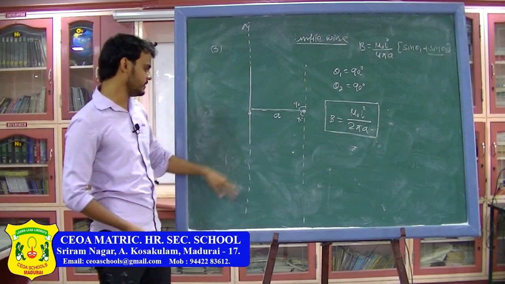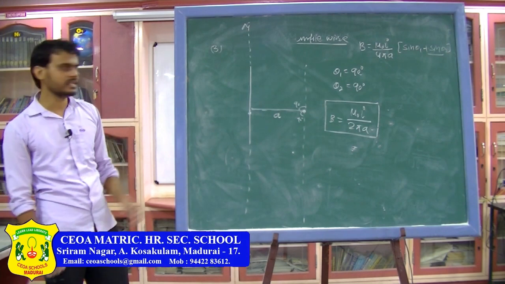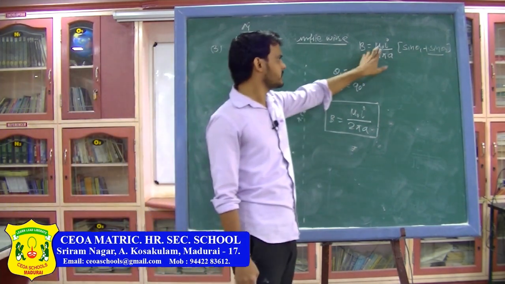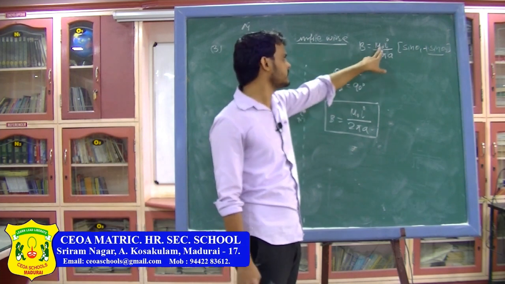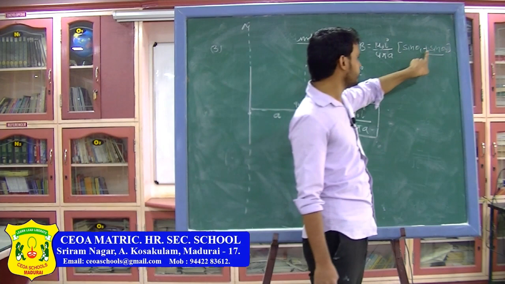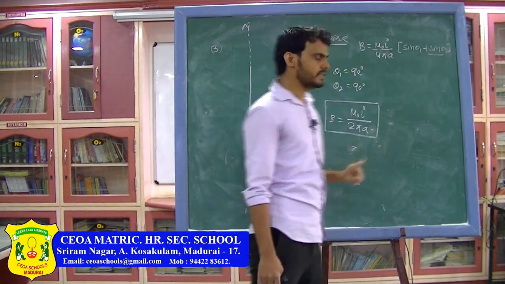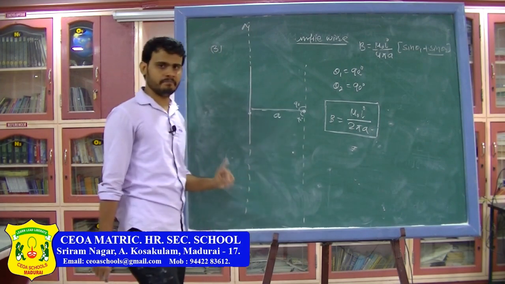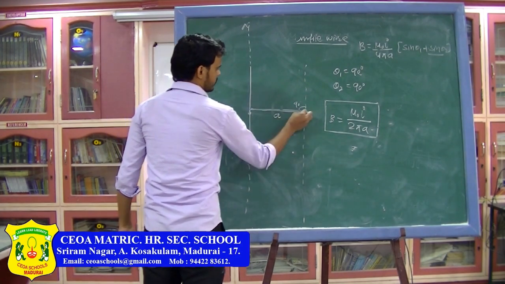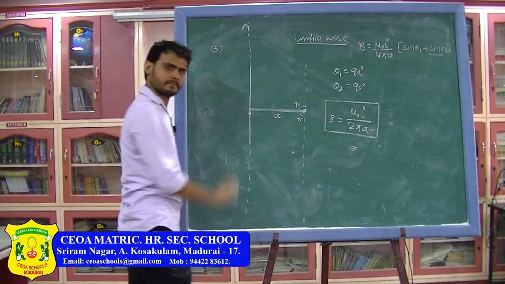So in this topic we have to remember 5 formulas. Basically all the other 4 formulas are derived from one formula. For a straight wire, the magnetic field is written as mu naught I divided by 4 pi a into (sin theta 1 plus sin theta 2). Here remember what theta 1 and theta 2 are. They are the angles with the line joining the point and the wire.